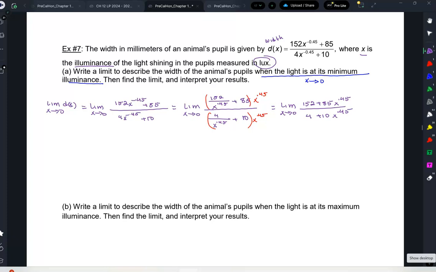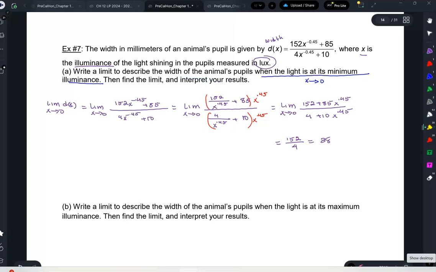And I feel like that gives me a really good function to work with. So now, what is the limit as x approaches 0? Well, this is going to be 0 because 0 to the power of anything is 0. And so you're just going to have 152 over 4, which is 38.